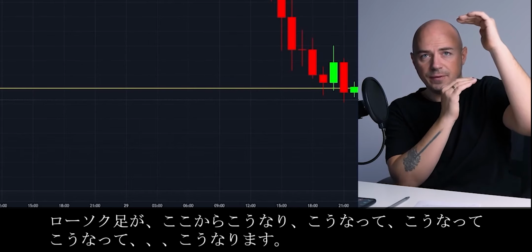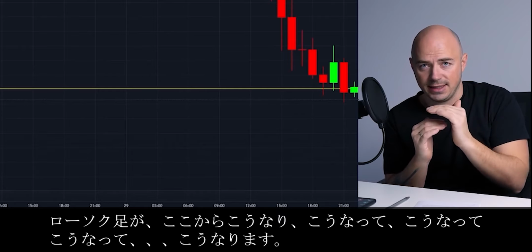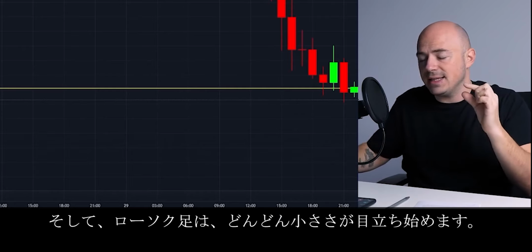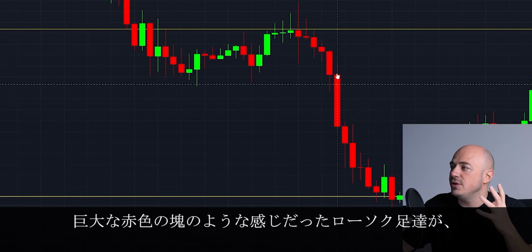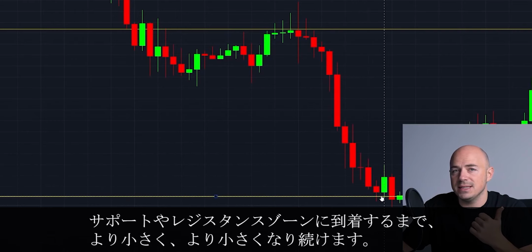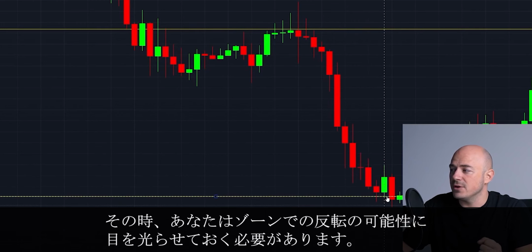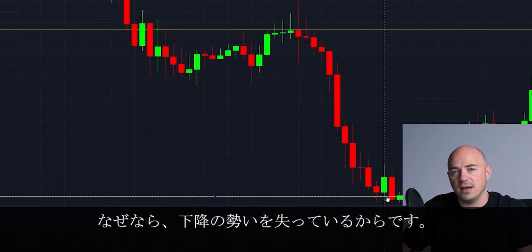The candles go from this to this to this, and they start getting less and less prominent. So you go from seeing these massive chunks of red getting smaller and smaller up until it hits that support and resistance zone, and then you know you need to keep an eye out for a potential reversal at that zone because of the loss of momentum.